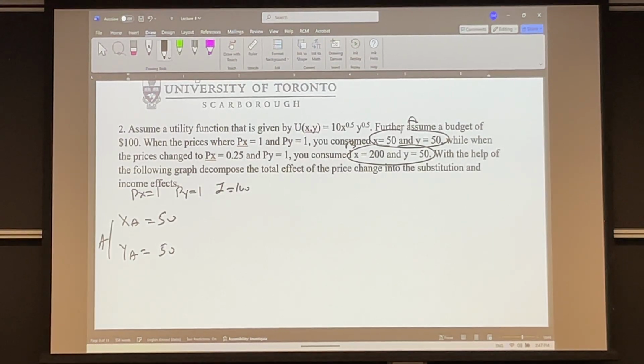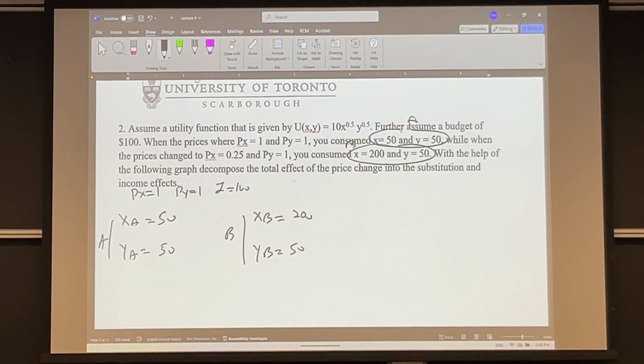That's the first one. You know the terminal bundle, that is X is 200 and Y is 50. That is when the price of X drops to 25 cents. Right?